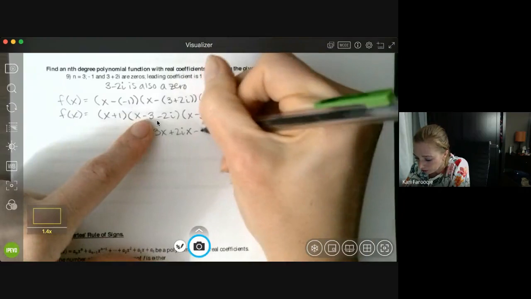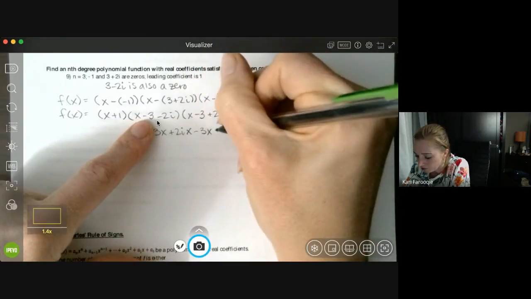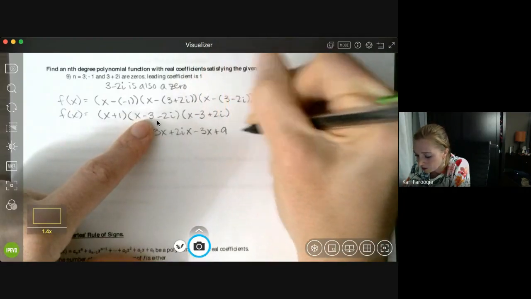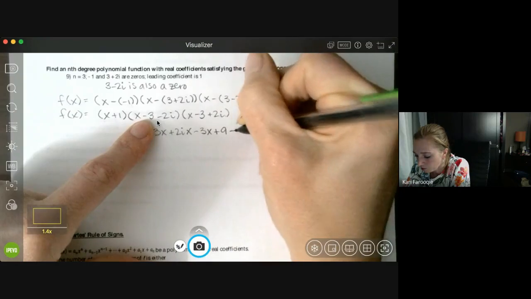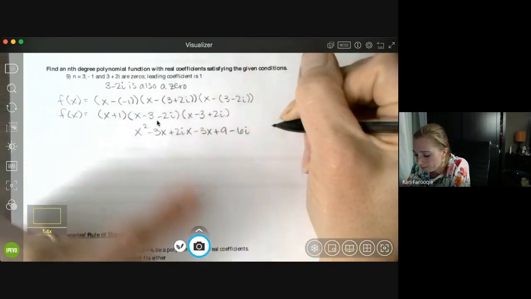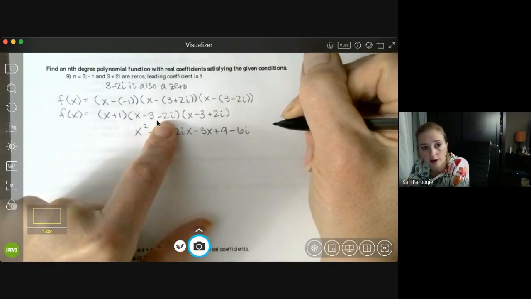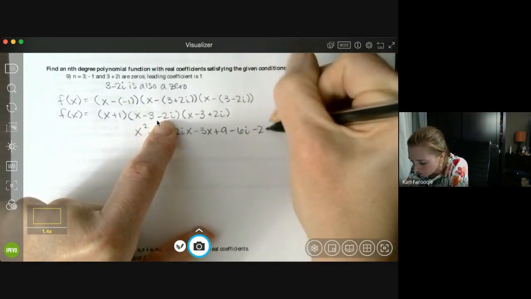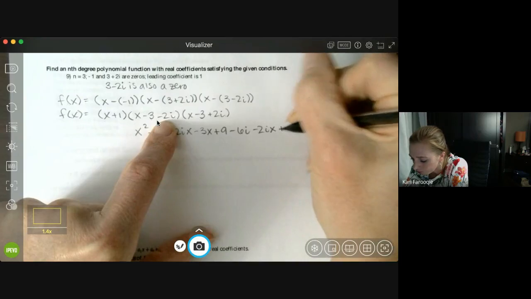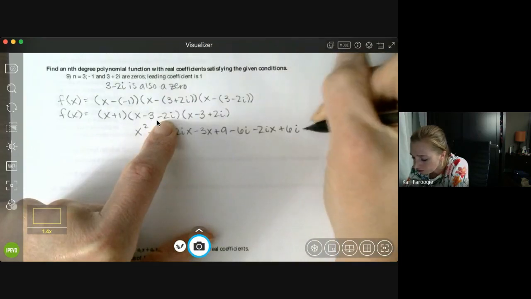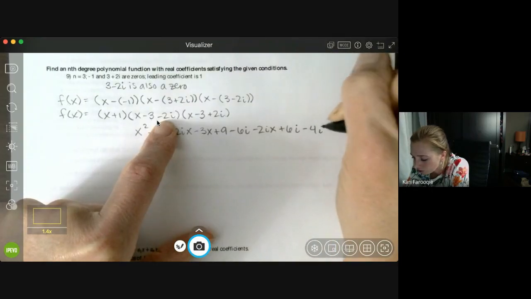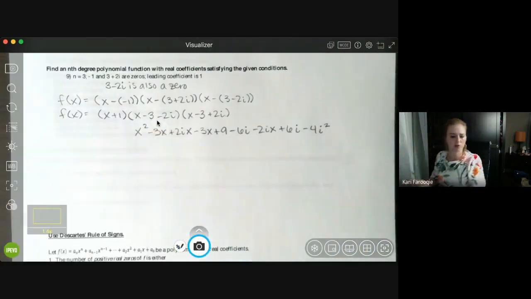So -3x. -3 times -3 is +9, and -3 times +2i is -6i. And then work with the -2i. So you'll have minus 2ix plus 6i minus 4i squared. If anything looks fishy, let me know, because there's a lot going on here.